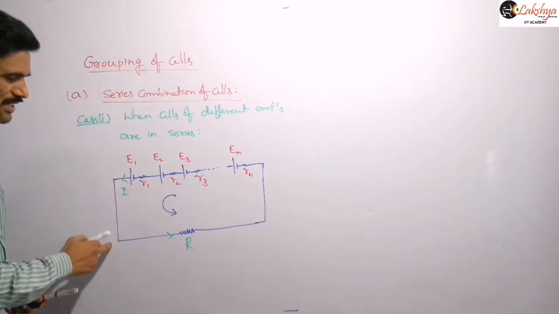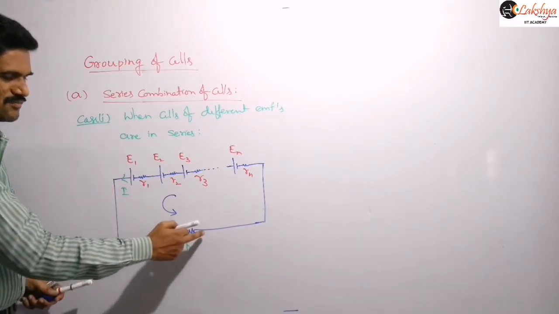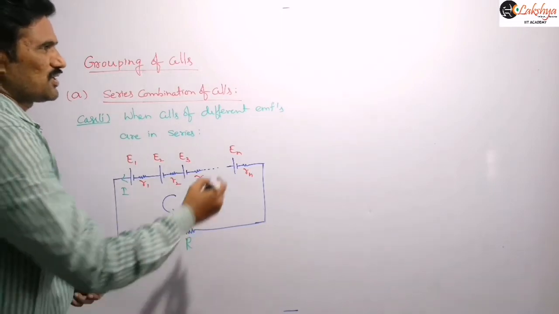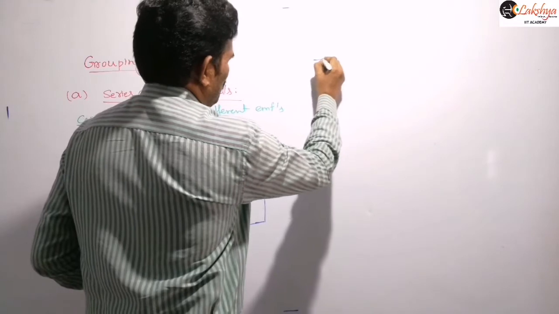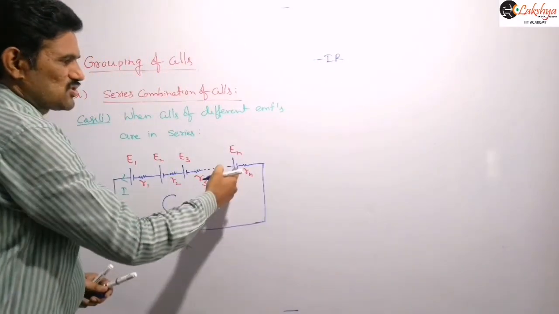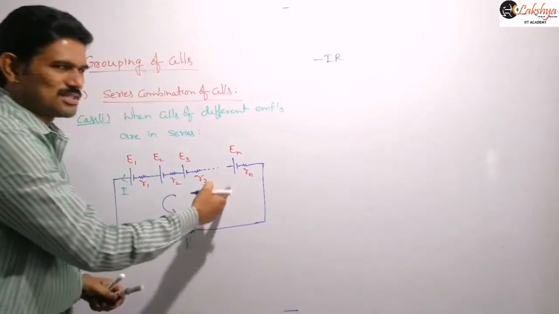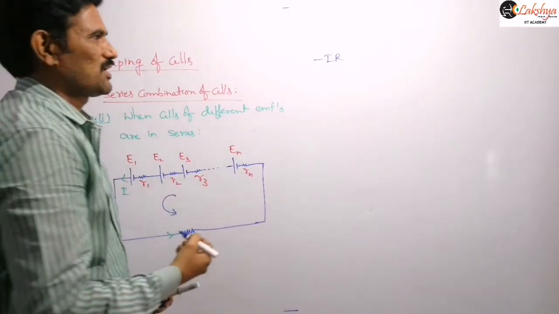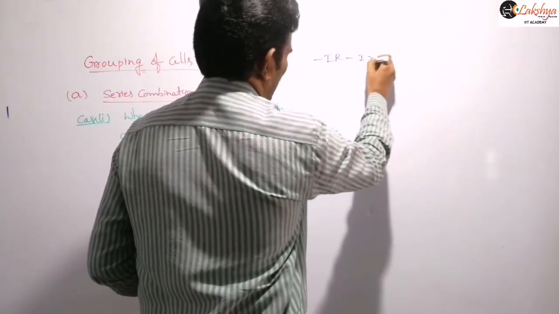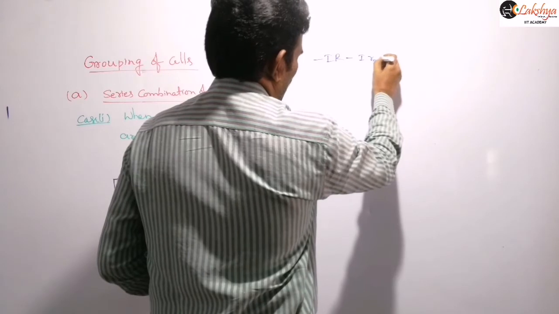So when you are applying in the anti-clockwise direction, the current is flowing along this direction and we are traveling along this direction here. And so we can write this as minus IR, when you are reaching this. And for this internal resistance also we are traveling in the same direction here, and so minus I into Rn and so on.